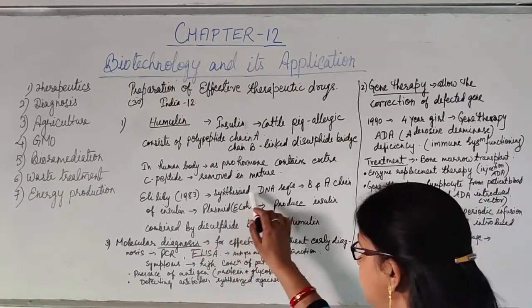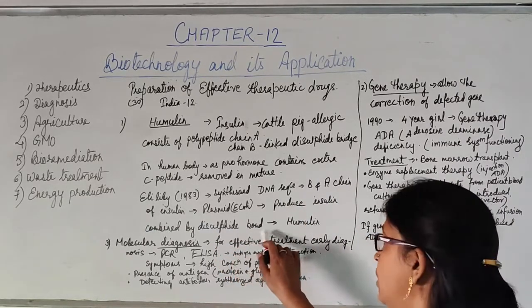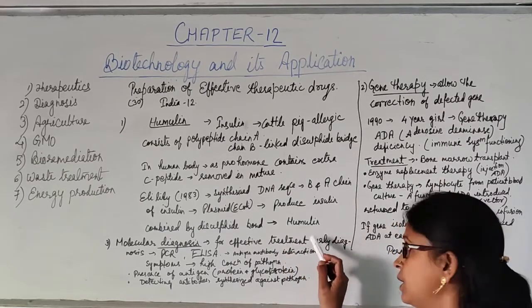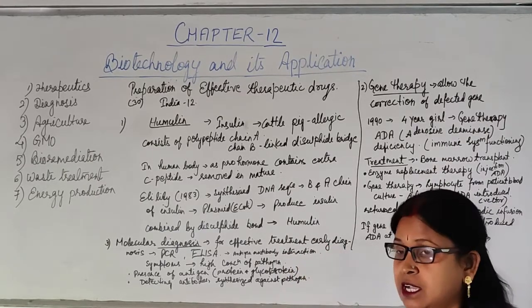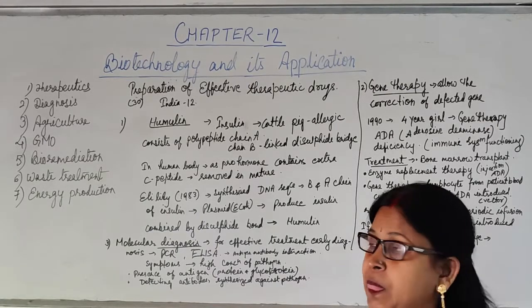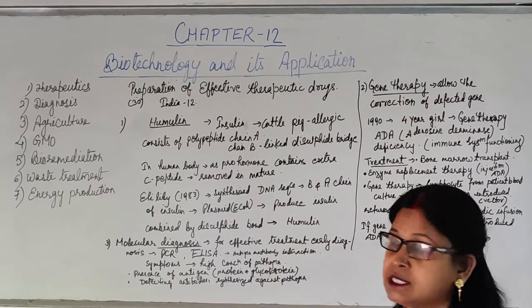After making chain A and B, they were combined by the disulfide bond, and that resulted in the formation of the insulin known as humulene, which is best suited for the human body. So we can see it is very helpful for treating diabetic patients.